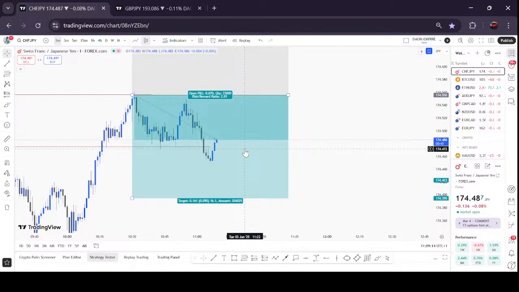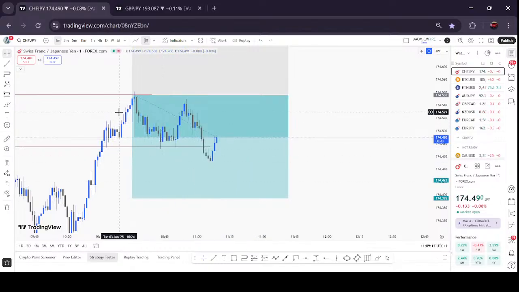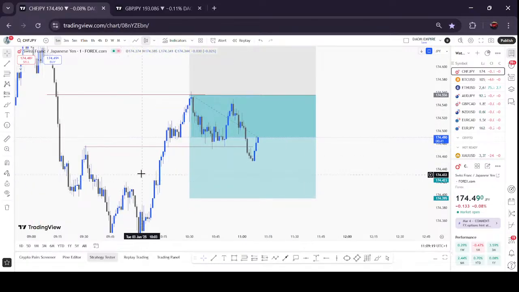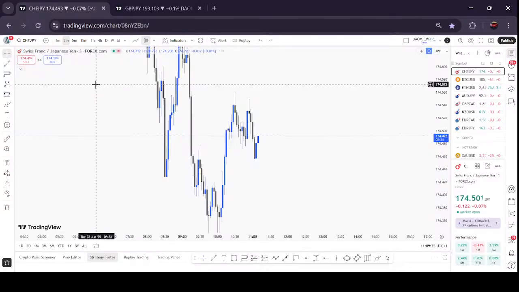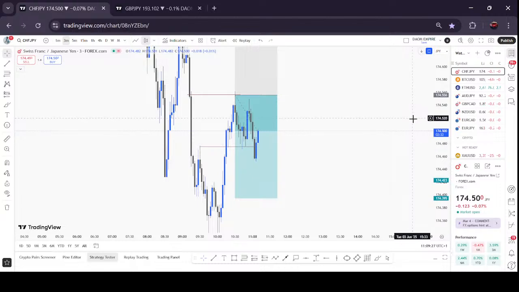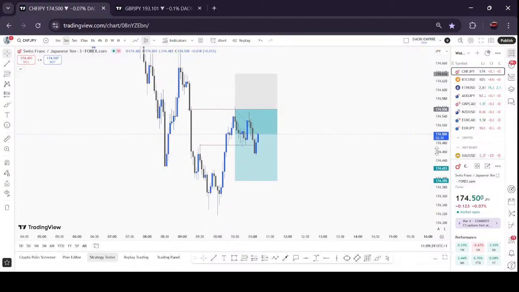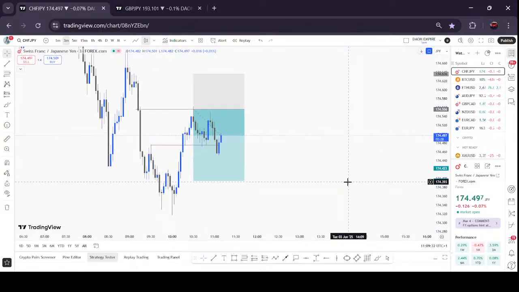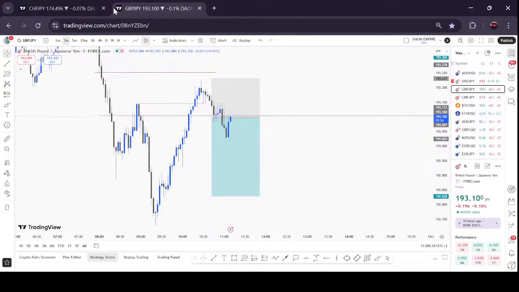So let's just hold on to our position. GJ2 is retracing to the upside.